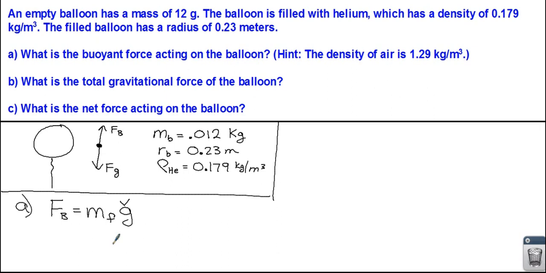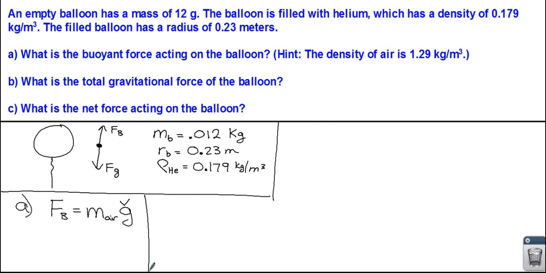Mass of the displaced fluid, that is not this. This is the mass of the balloon. The balloon is not a fluid. We need the mass of the displaced fluid. When I filled this balloon up with helium, what got pushed out of the way? What was surrounding it? That's air. So in this case, we need the mass of the air that was displaced, and that is not given to us here. We need to find it.